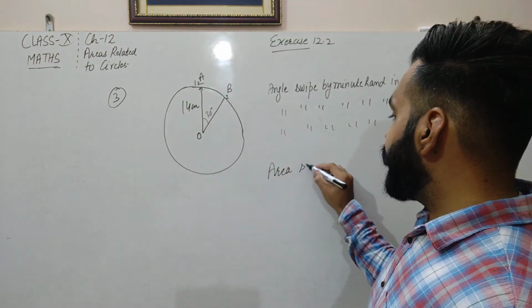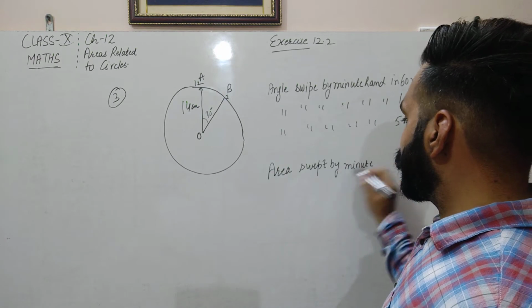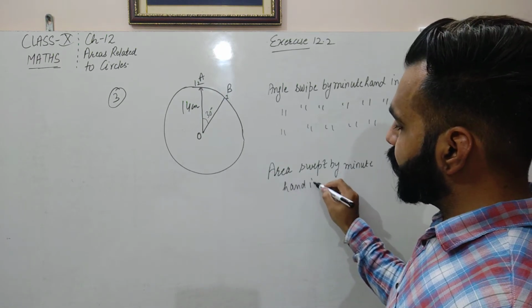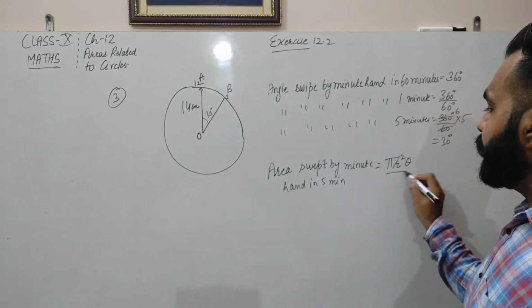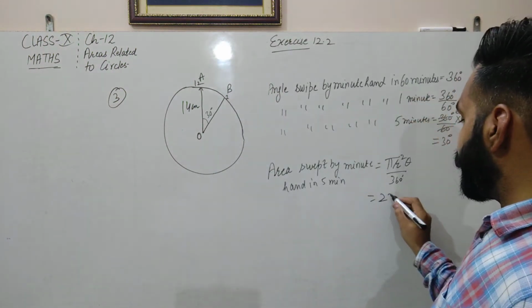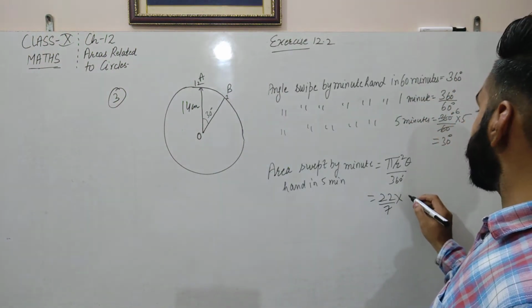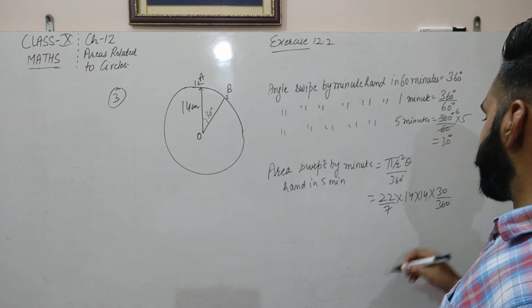Area swept by minute hand in 5 minutes. So this will be pi r square theta by 360, because this forms a sector here. So pi is 22 by 7, radius is 14, theta is 30 divided by 360.